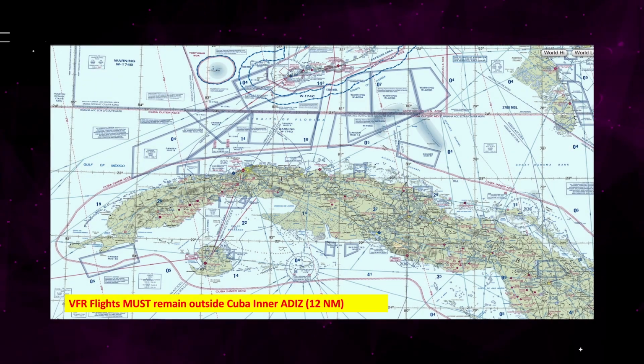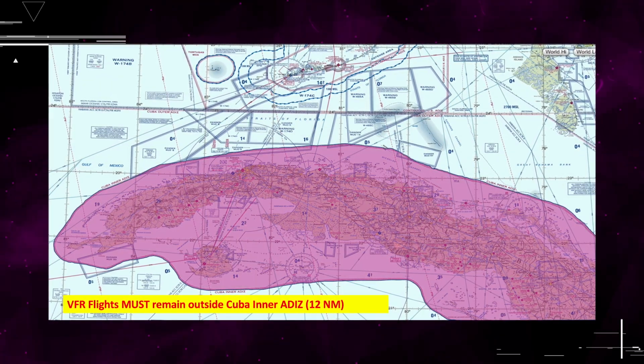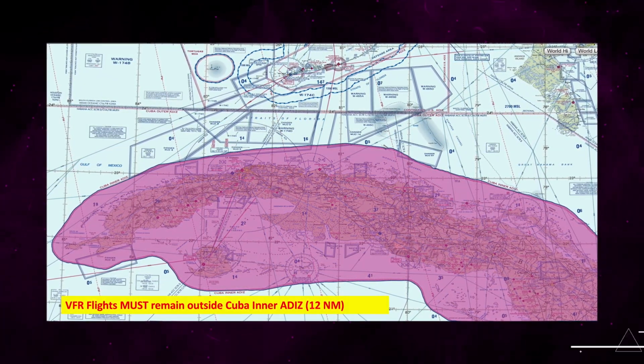You can obtain a Cuban overflight permit at any time online on the main CST Flight Services website. If you plan to fly around Cuba, VFR, while inside their airspace, then remember that you must remain outside their inner Air Defense Identification Zone, or ADIZ.